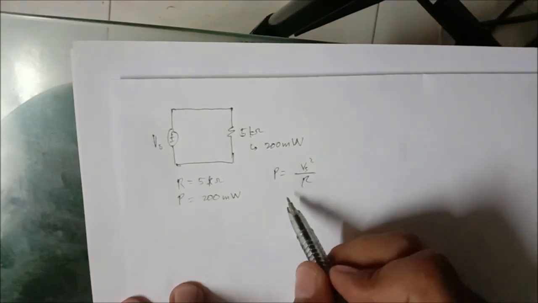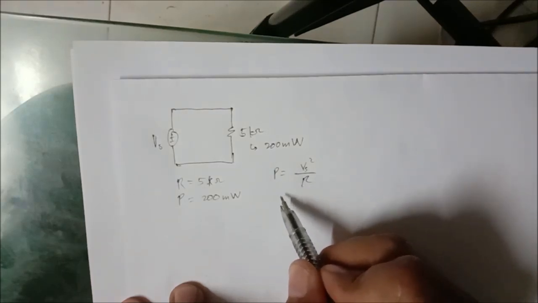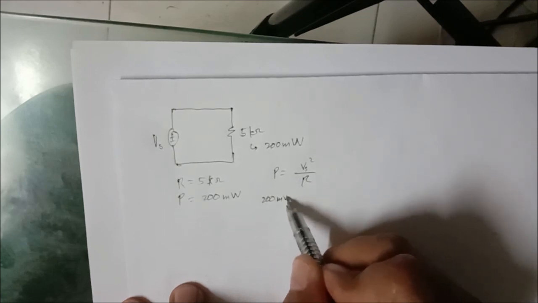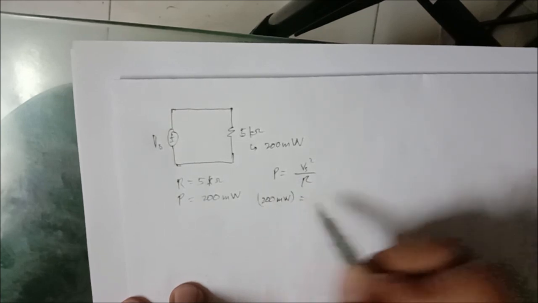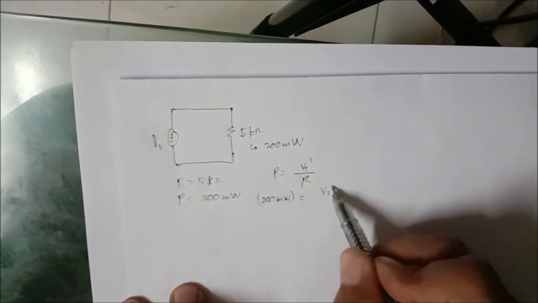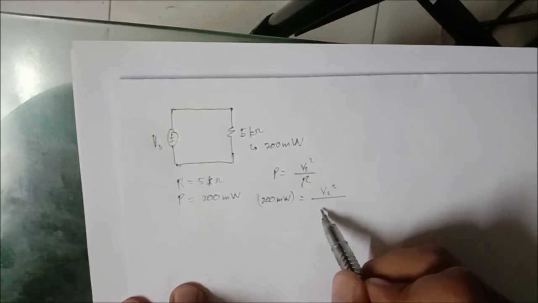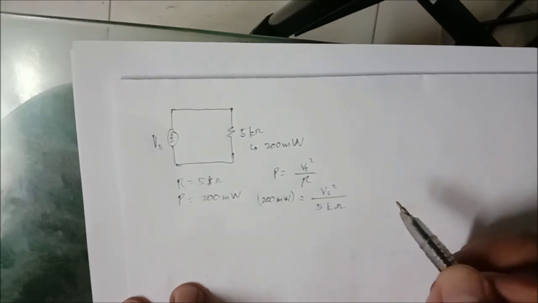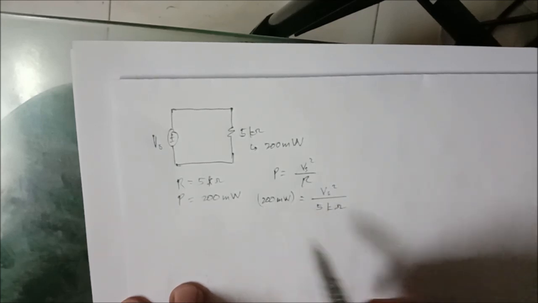Power is equal to V sub S squared over R. So, power is 200 milliwatts is equivalent to V sub S squared over R, which is 5 kilo ohms. Okay, sige.